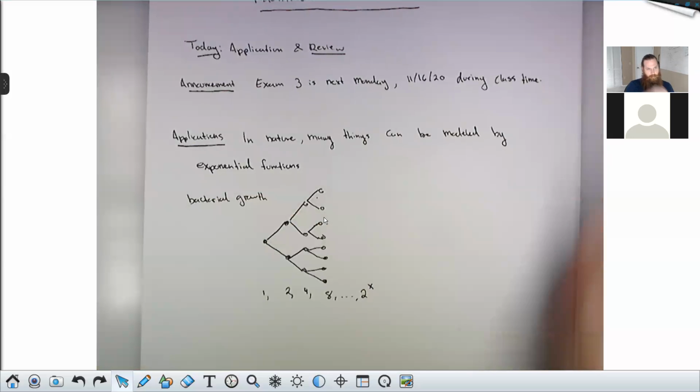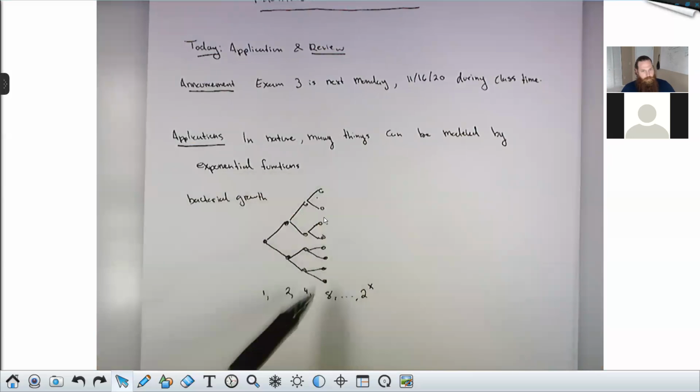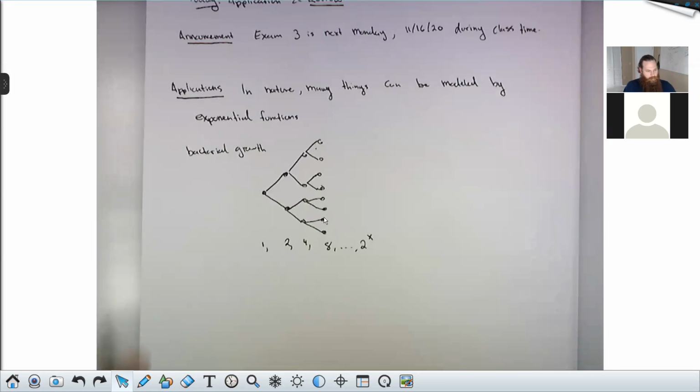And bacteria aren't the only things that divide this way. There's lots and lots of things where the next generation comes from each person in the previous generation multiplying so many times. This behavior, this repeated doubling, is best described by what's called a doubling time model.